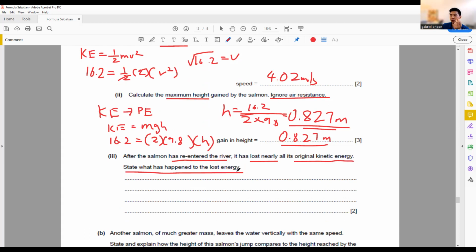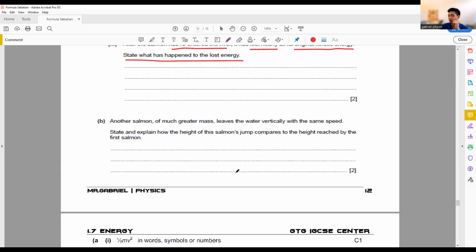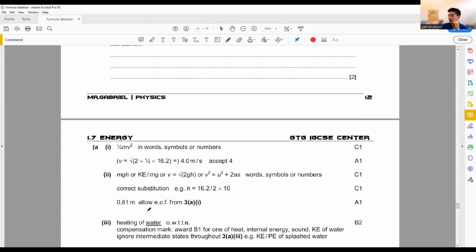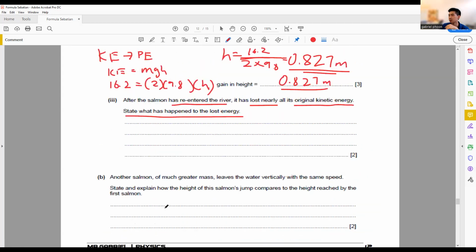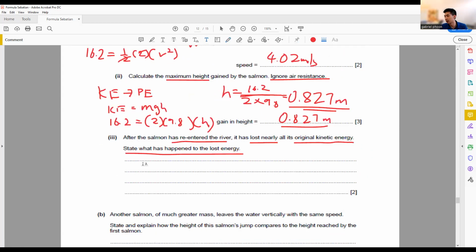Usually, if the energy is lost to the surroundings, it will always be converted into heat and sound, which is why if you look at the mark scheme, usually they'll say something like the heating of the water, or you could even say producing sound or something. Heat and sound are the most common in the mark scheme.